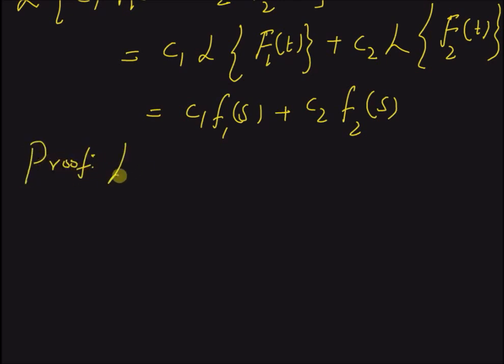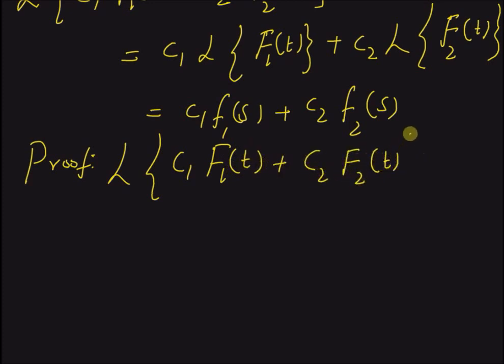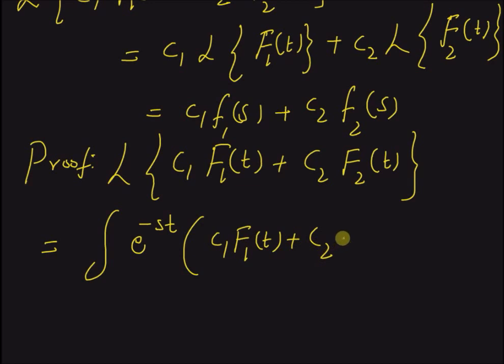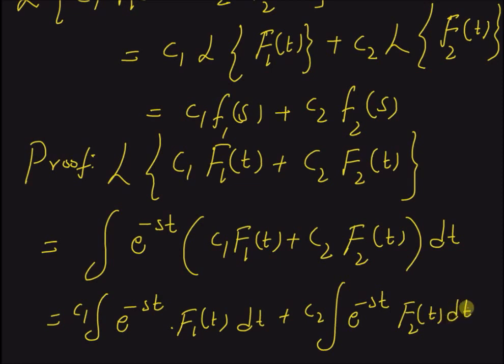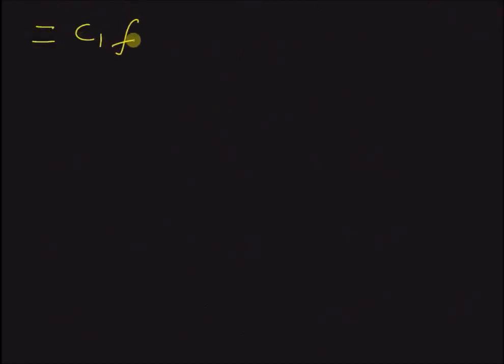It is starting with the Laplace transform of the linear combination, that is Laplace transform of C1 into f1 of t plus C2 into f2 of t is equal to, by definition, integral e power minus st into C1 into f1 of t plus C2 f2 of t dt, which is equal to integral e power minus st into f1 of t dt multiplied by C1 plus C2 into integral e power minus st f2 of t dt, which is equal to, by definition, C1 into F1 of s plus C2 into F2 of s.